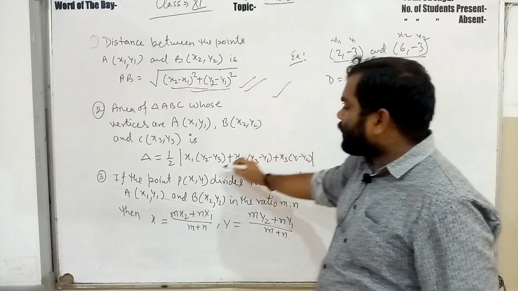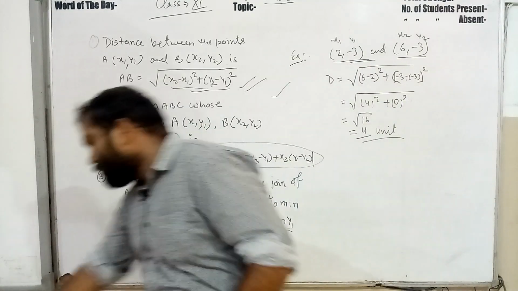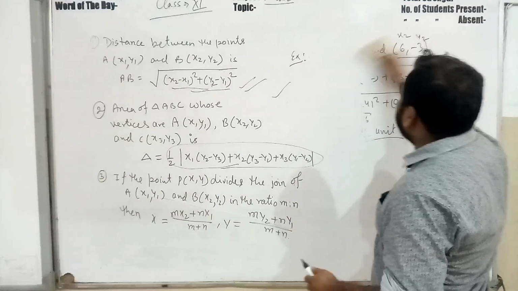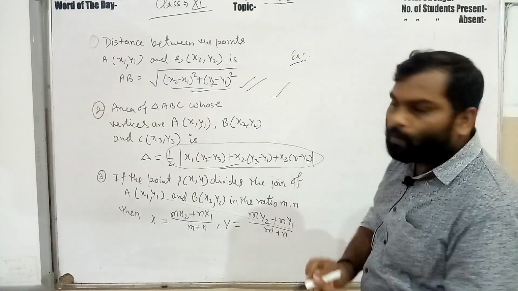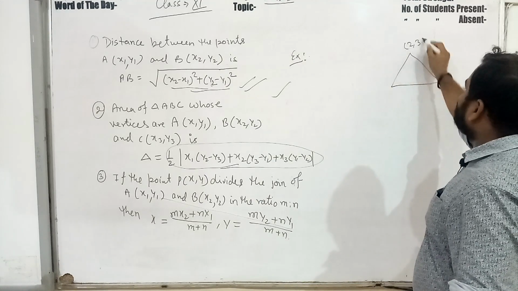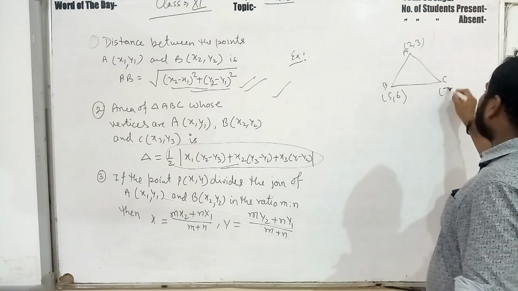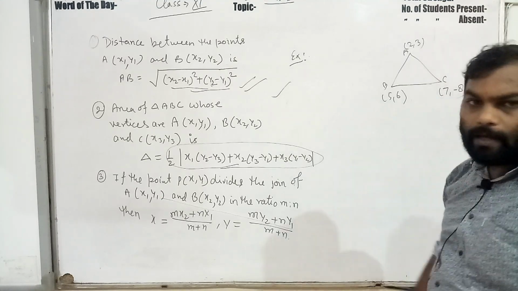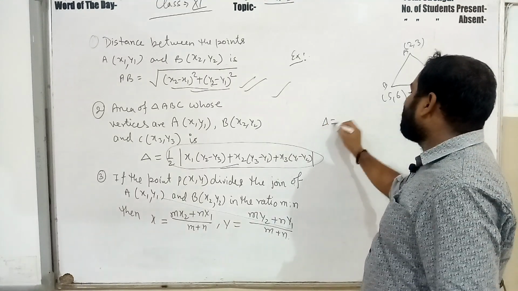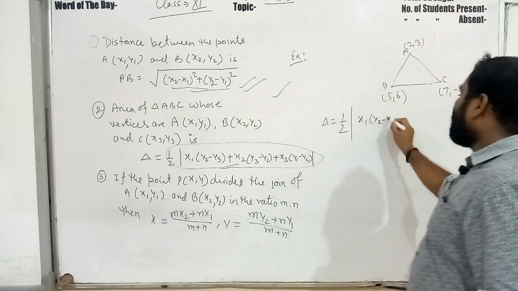Area of a triangle can be found using this formula. For example, suppose we have to find the area of a triangle whose vertices are given as (2, 3), (5, 6) and (7, minus 8). Okay, so area can be found using the formula half of x1 into (y2 minus y3).